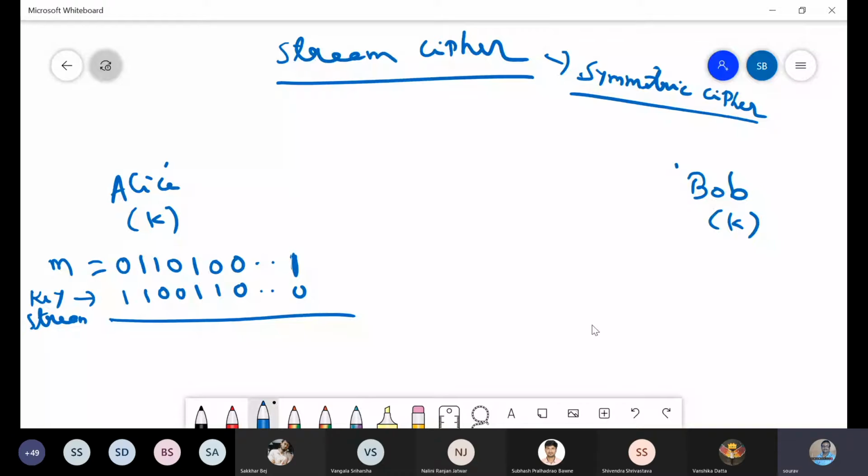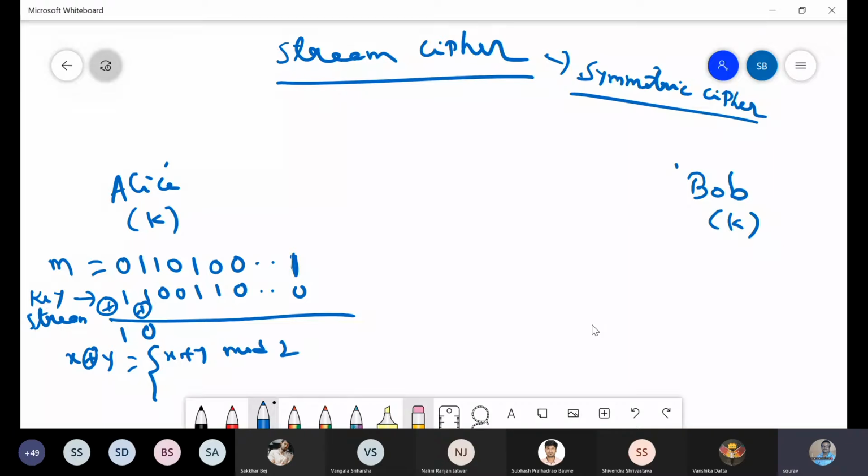Then that key stream bit will be XORed with the plain text bits, bitwise XOR. So 0 0 is 0, 0 1 is 1, 1 1 is 0 with no carry, because it is bitwise XOR. That means if the two single bits are x and y, then the function is x plus y mod 2.